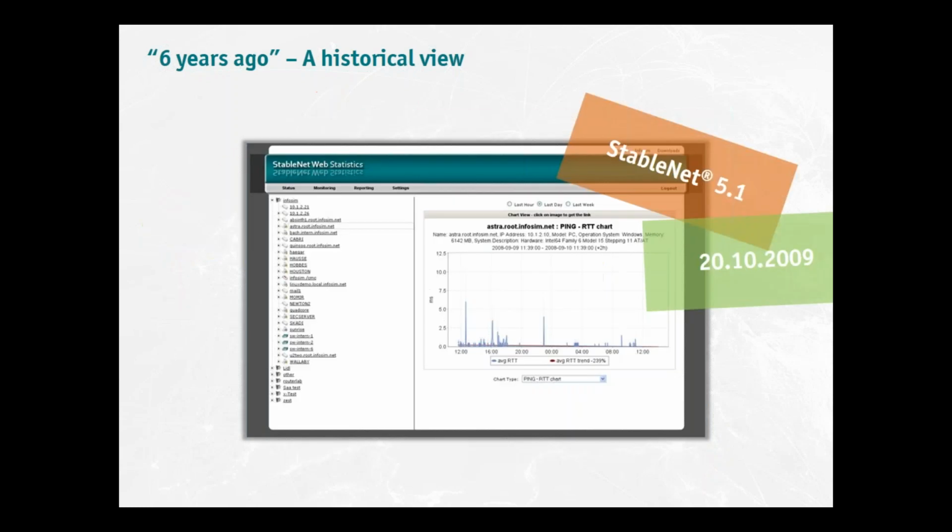And of course we wanted to change that during the development phase of StableNet. So in 5.1, which was released around 2009, the functionalities were increased and the complete web portal was extended. You can see here the menu was already collapsed to our well-known drop-down, which some of you might still see when using StableNet 6.5 or 6.7, but still with limited functionality.